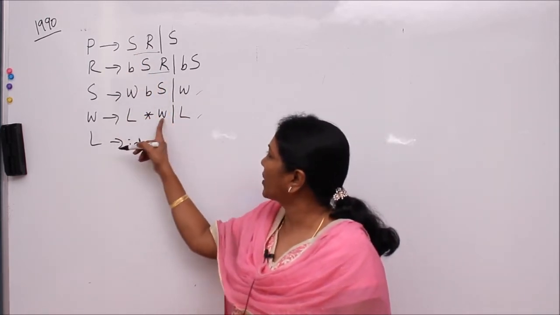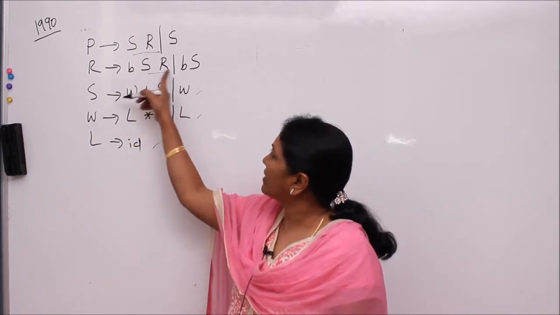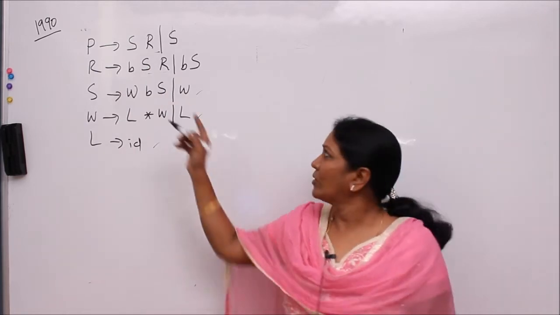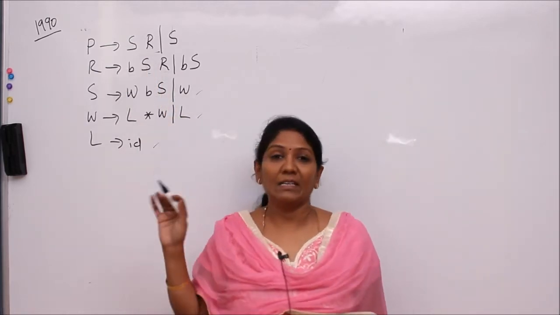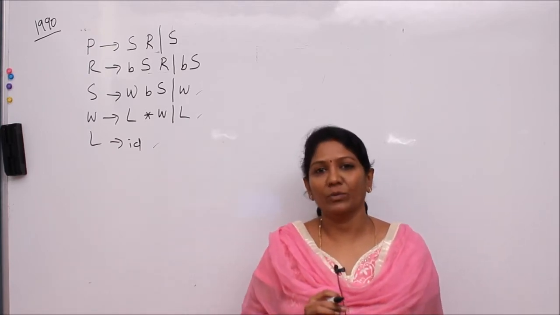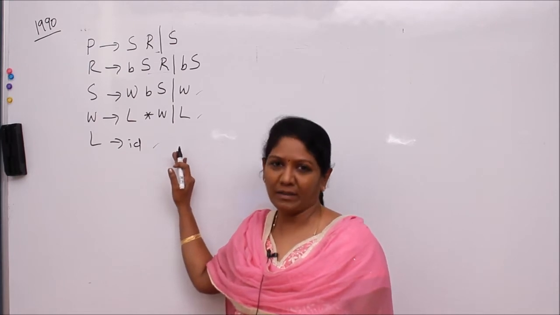Here and all there is no problem. In between two non-terminals there is a terminal. But whereas here two adjacent non-terminals are occurring, because of these two rules we say it is not operator grammar.